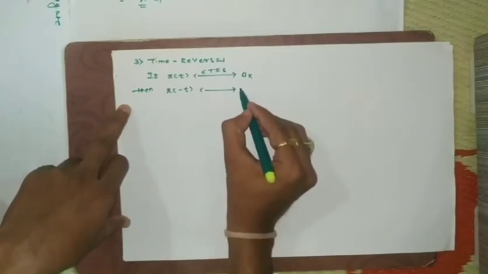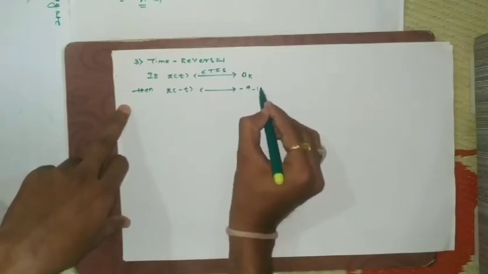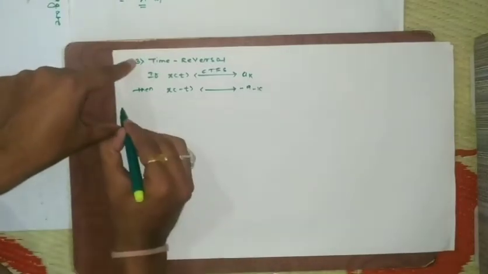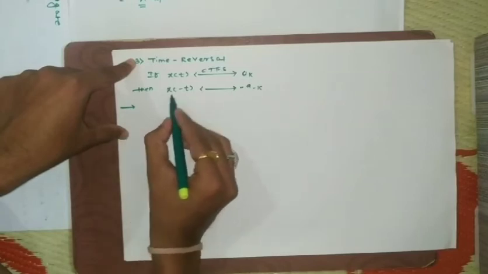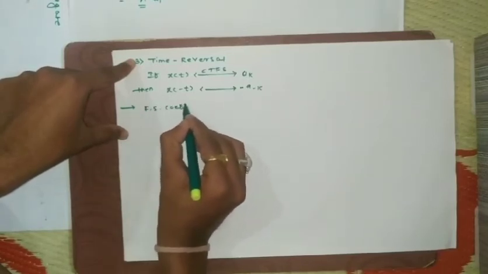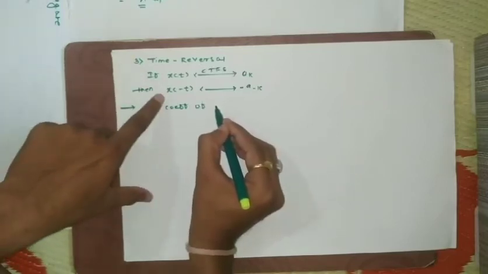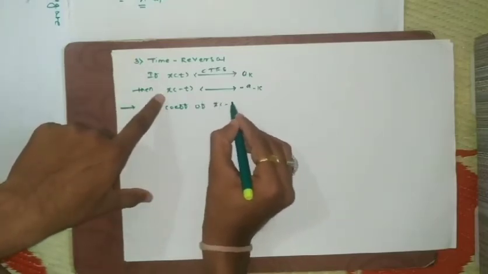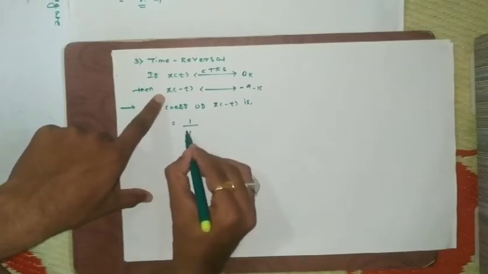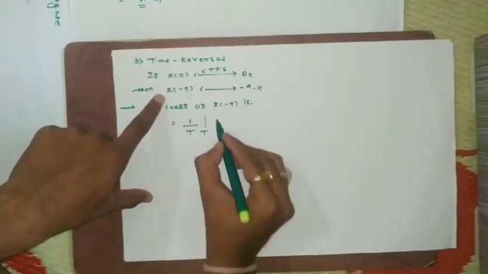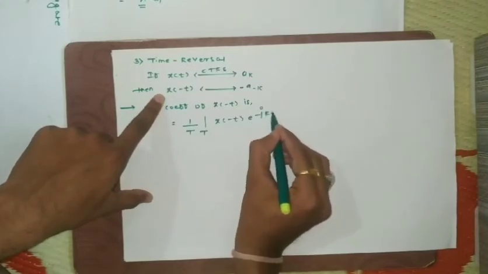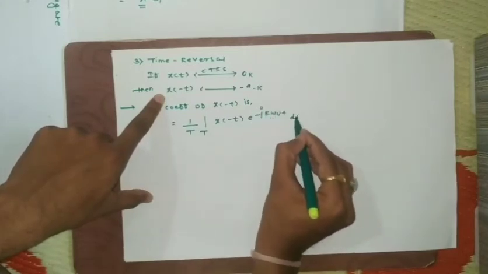Actually the value should be -a_{-k}, but we should prove this one. So directly we will call the same term, the Fourier series coefficient of this particular function x(-t), and use the same formula: 1 upon T integration x(-t) exponential term into dt.